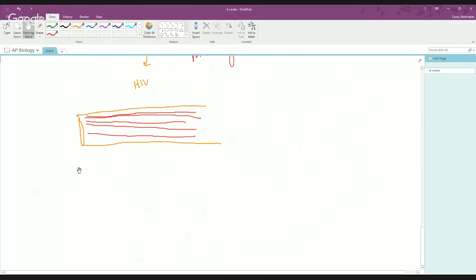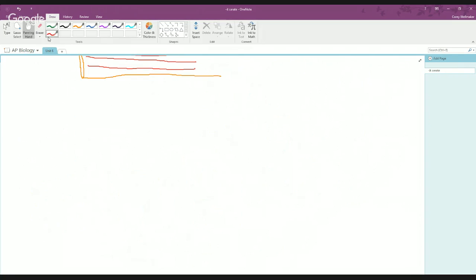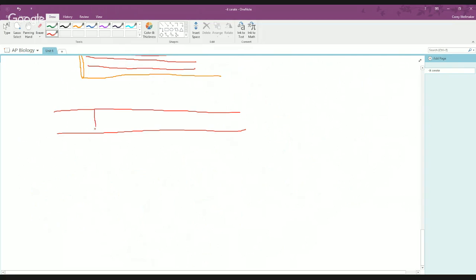If we were to zoom in on a myofibril, we would see something that kind of looks like this. It's sort of like little bricks, or little rectangles next to each other, from one end to the next end.